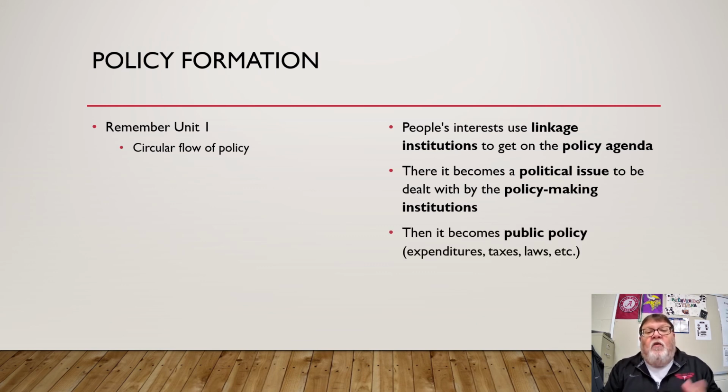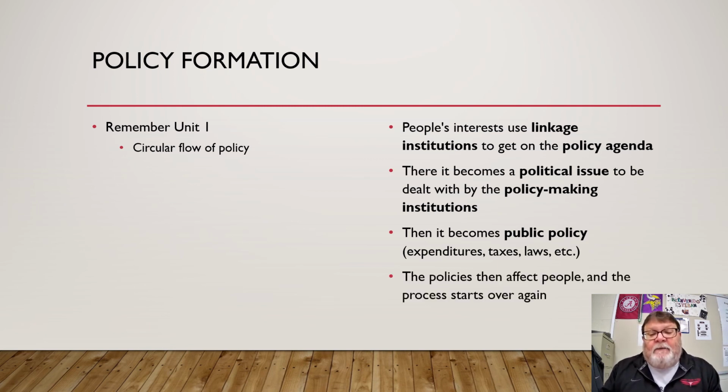Once something happens, it becomes public policy. So it's spending and taxing and the various laws and the various rulings of the court system and all of that kind of stuff. And that all becomes public policy. And then, of course, when the policies start to affect us, we start that process over again, going, oh, that's not what we wanted, or that's what we wanted, so let's do more, or let's stop doing this and go to that, something like that. So remember that whole circular flow process, and it all goes into this policy formation.